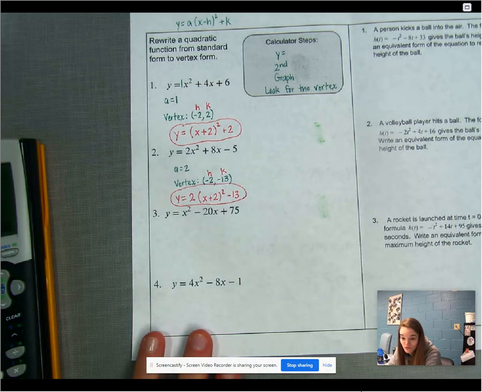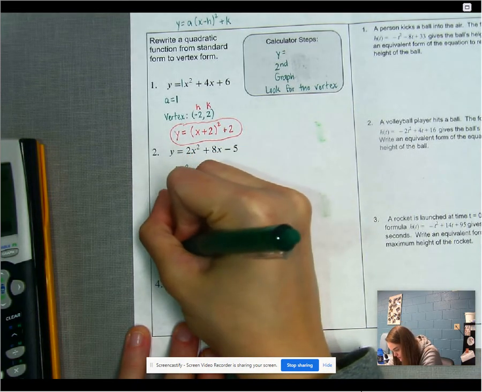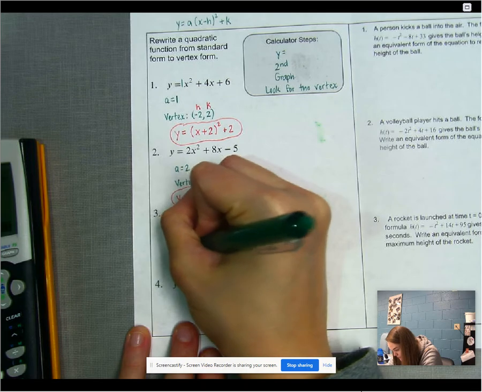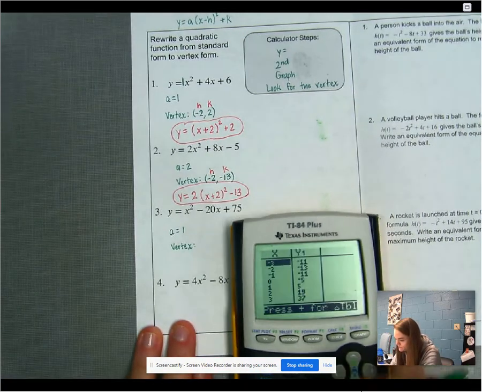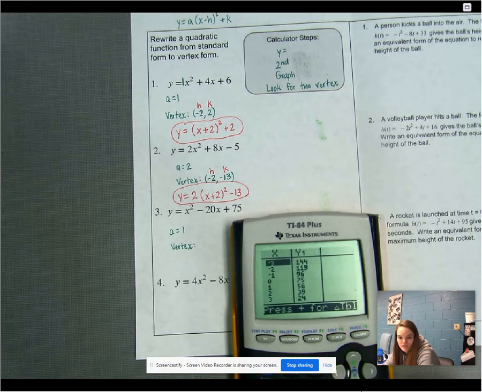Okay, you pause the video, you try it on your own. Number 3, A is 1. The vertex. Y equals, clear this out, x squared minus 20x plus 75. Second graph. I don't see any repeats.